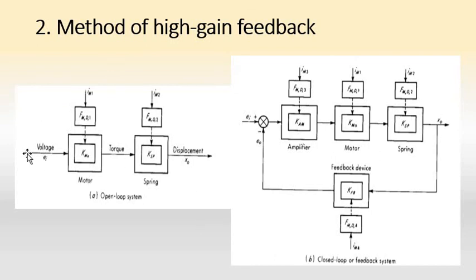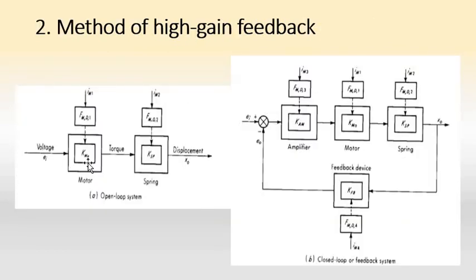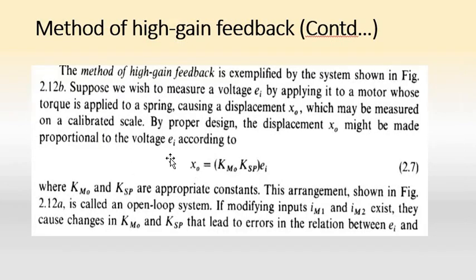So you can see this is an open loop system, and our equation will become x naught equals Km into Ksp into EI. Here, due to the presence of the modifying inputs IM1 and IM2, Km and Ksp will cause changes in the output.